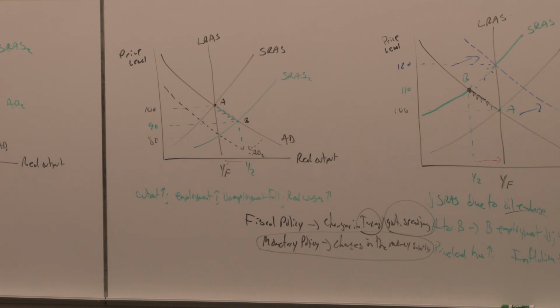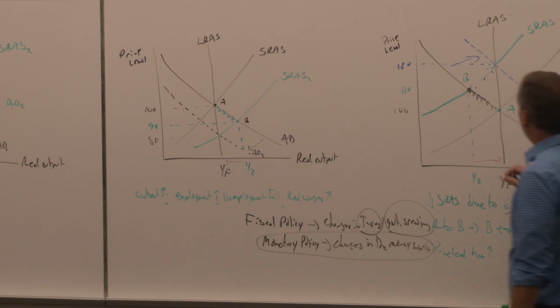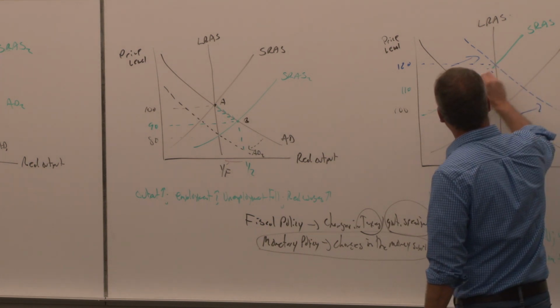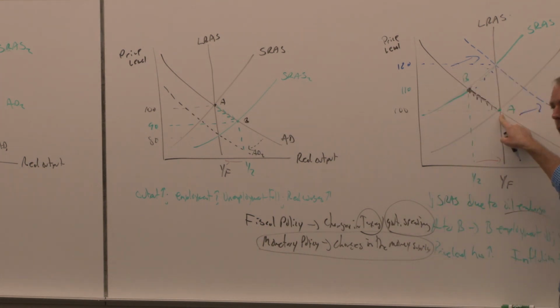It really will. It might take a long time, but you really will get back to A at some point in time. You will. Keynes comes along and says, famously, in the long run, we're all dead. In other words, yes, eventually we'll get back to A, but why wait?